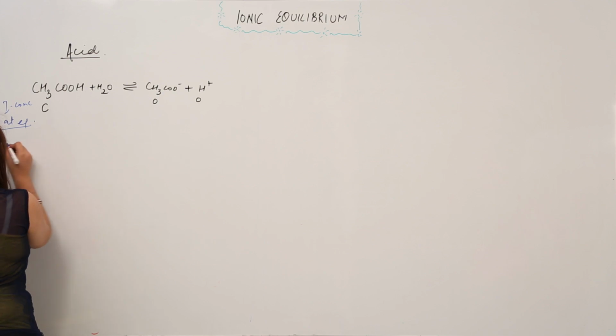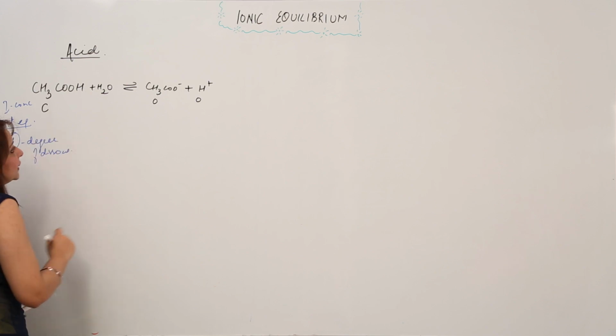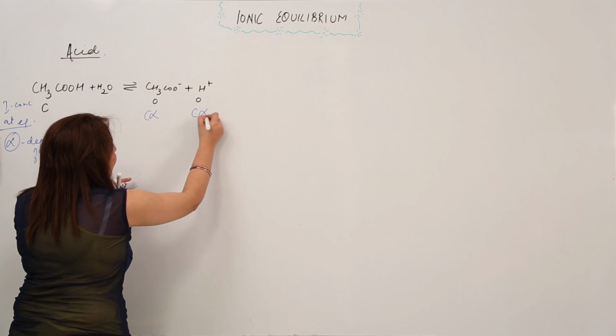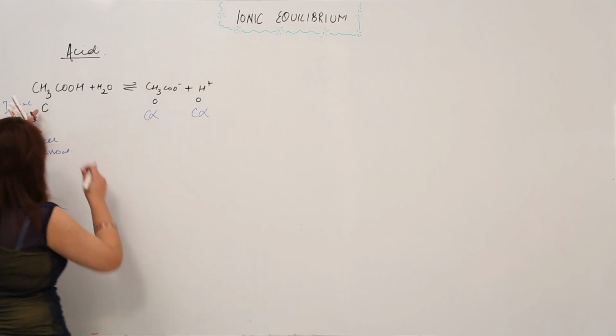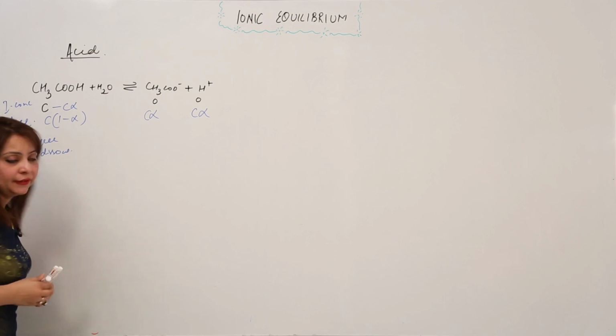At equilibrium, if alpha is the degree of dissociation, the amount of acetate ion produced is C alpha, and similarly the H ion is C alpha. And what remains of the acetic acid is C minus C alpha, that can be written as C(1 minus alpha), right?